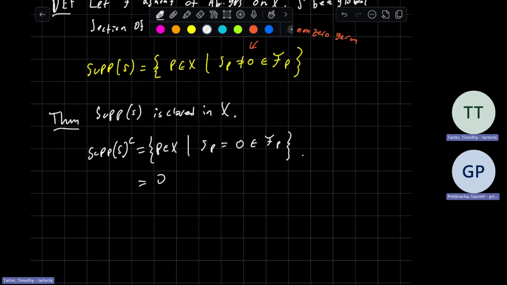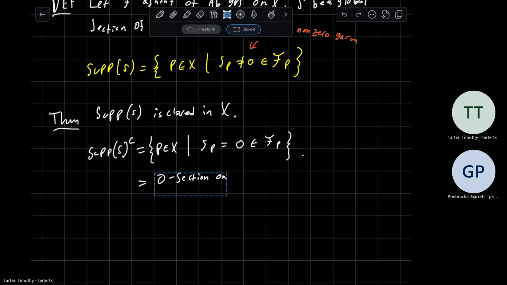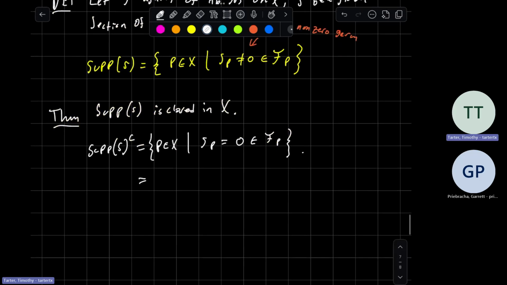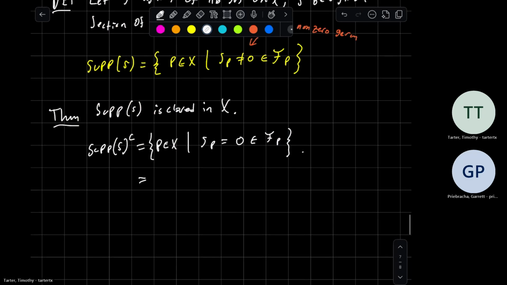And this is the zero section on s. Well, no, this is open.